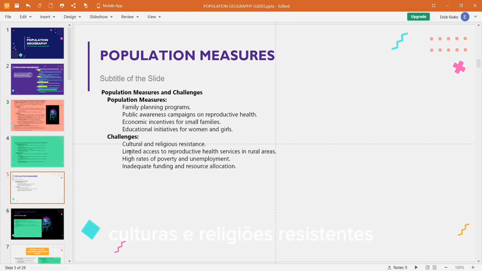Challenges: we have cultural and religious resistance. There are some cultural activities which go against these measures because different cultures have different beliefs, and we don't expect all of them to adhere fully to the measures of population.